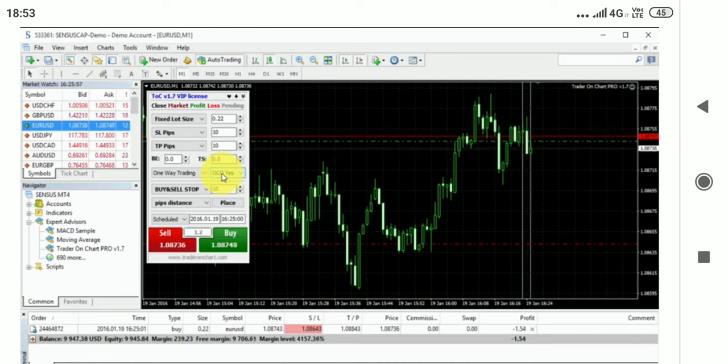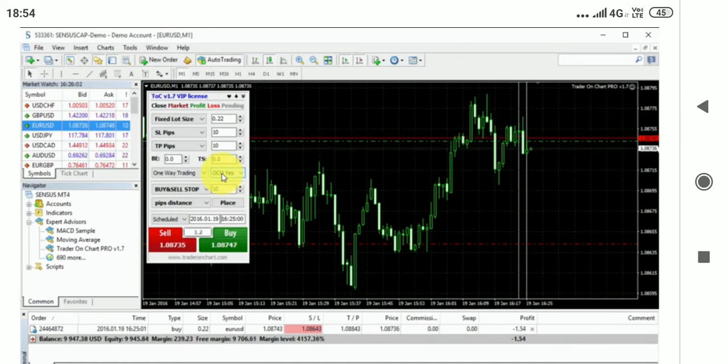So for example, I have buy pending order and sell stop pending order. If my sell stop gets triggered, then the very next moment the buy stop will be cancelled, or in reverse. If my buy stop is executed, then my sell stop will be cancelled. So this works very well with news trading as well.